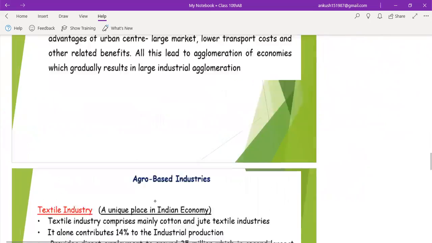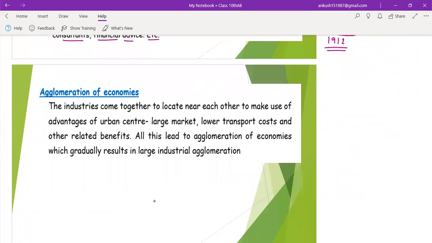Now let us understand agglomeration of economies. I made a wrong spelling over here. What does agglomeration mean? It means coming together. Is it the union of many companies? Yes, that is also.